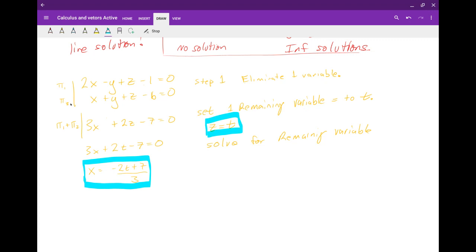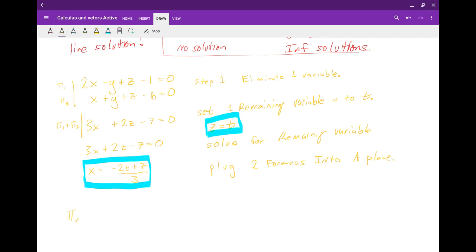So now in the last step, you plug these two formulas into one of your original planes. I'm going to take plane 2, so I'm going to write that down.